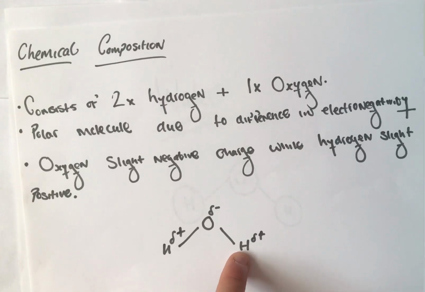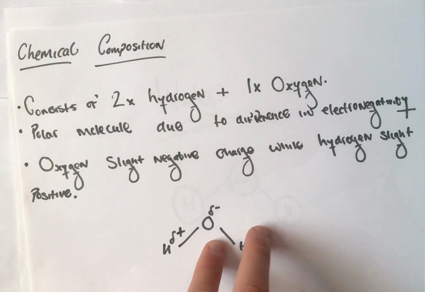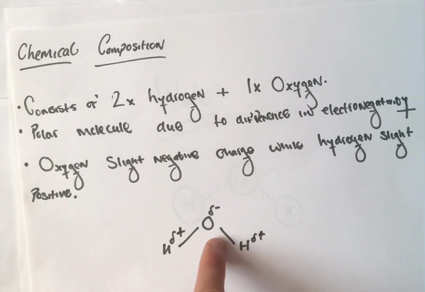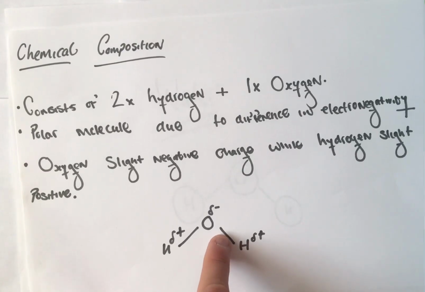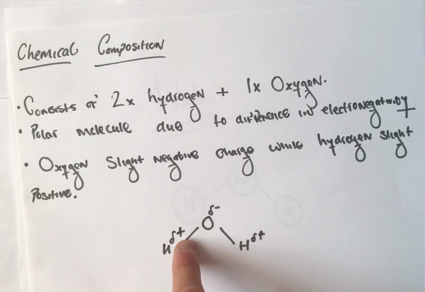Electronegativity simply means the ability of an atom to attract the bonding pair of electrons in a covalent bond. So between this oxygen and this hydrogen, there's a covalent bond where each atom is donating or sharing one electron. The oxygen has a greater electronegativity, so it pulls these two electrons in this covalent bond closer towards the oxygen atom, and the same occurs on this side.